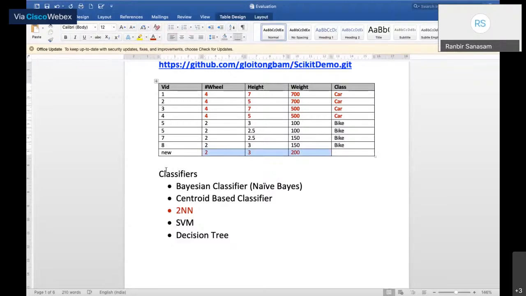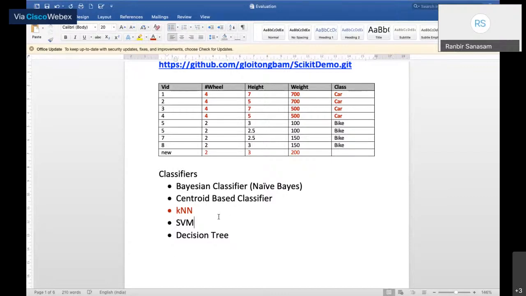So this is like top K. In this example, the top 2 will be maybe among the bikes. Among the top K, you check what is dominant. If the dominant is bike, then it is a bike. If the dominant is car, then it is a car. That is the k nearest neighbor.